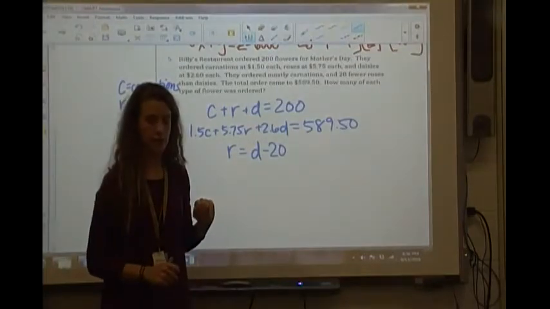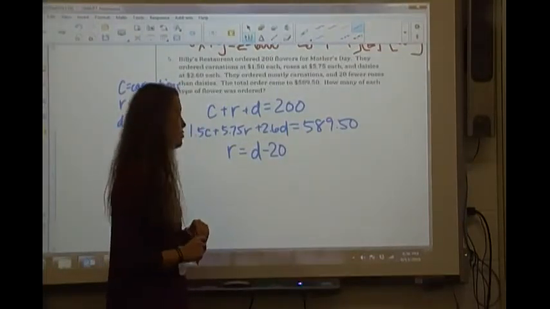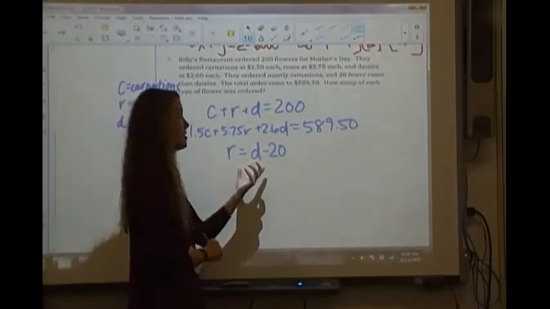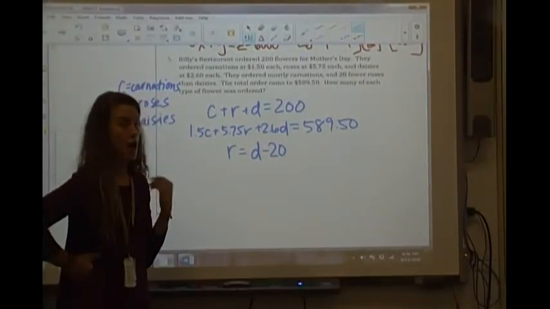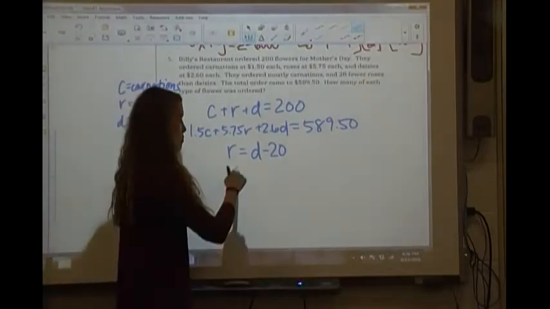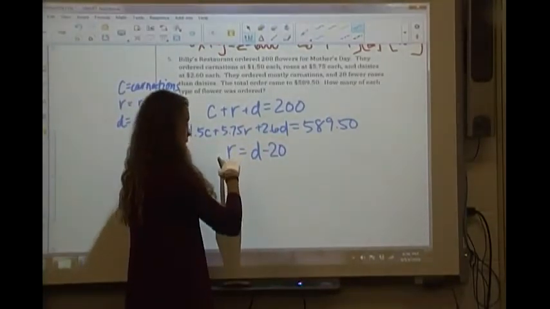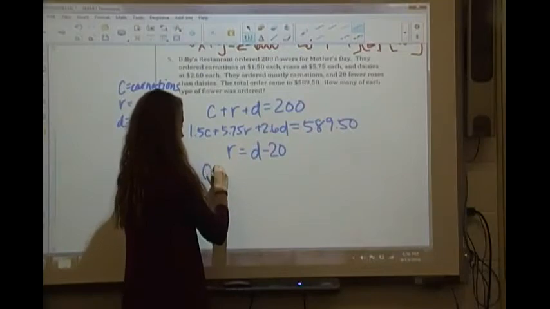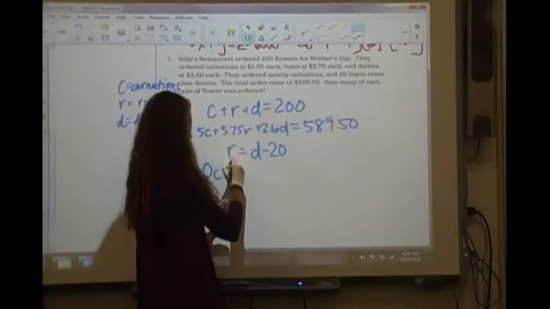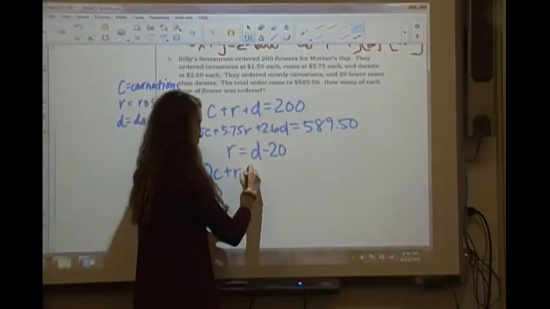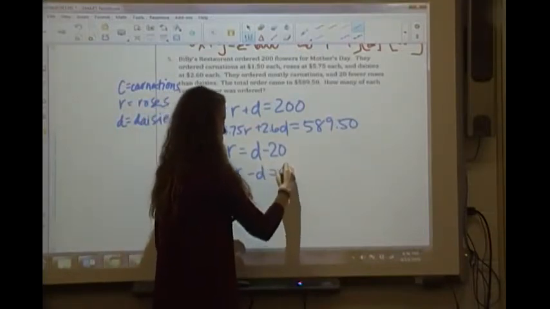Now I do need to change this equation because this is not in the form I want it to be. I want all of the variables on one side and all the numbers on the other. So I'm going to move the D over, and so now I have 0C, because we didn't even talk about the carnations in this equation. My R comes next, so plus R minus D equals negative 20.